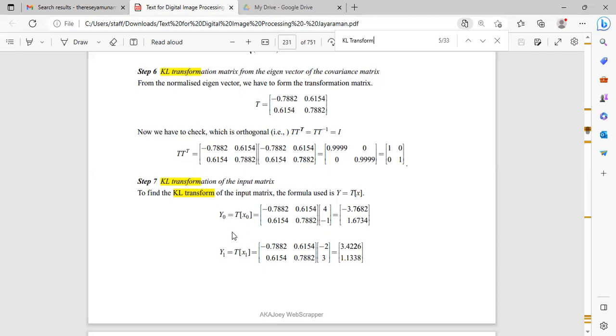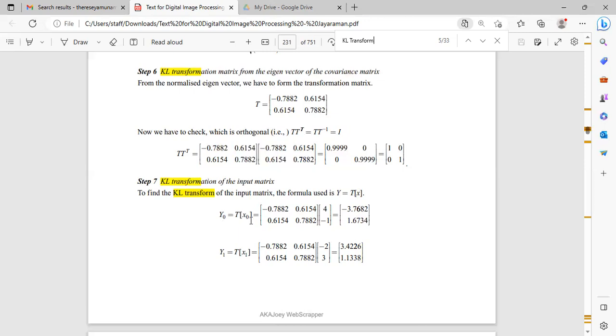So the input image, one second. Okay. So you're transforming the input image.